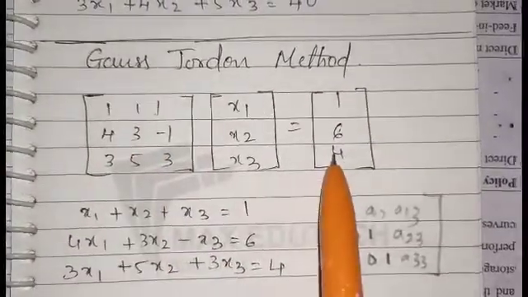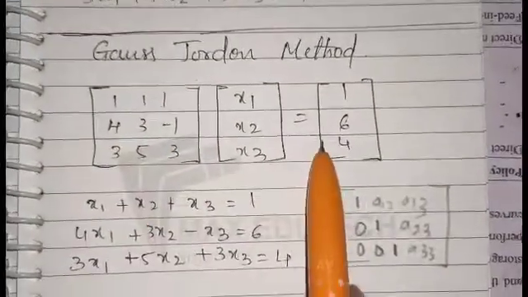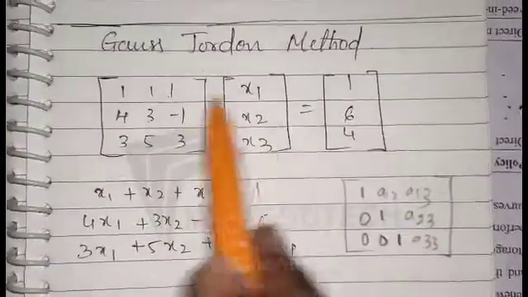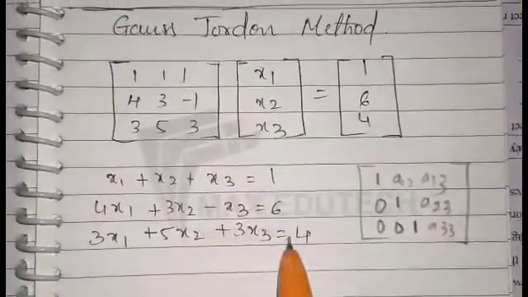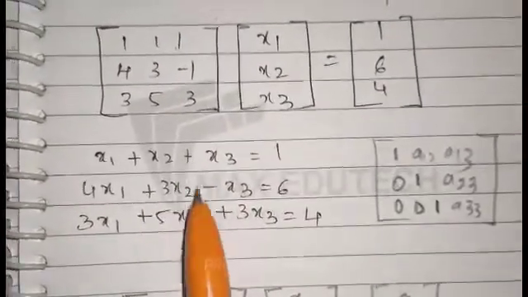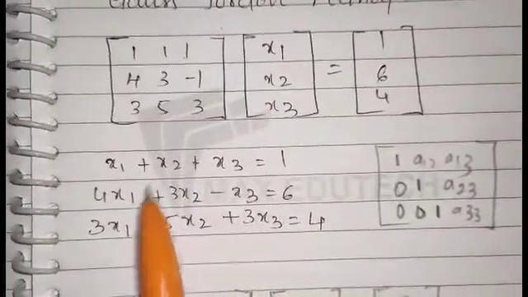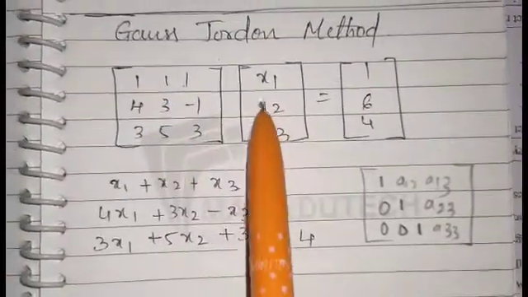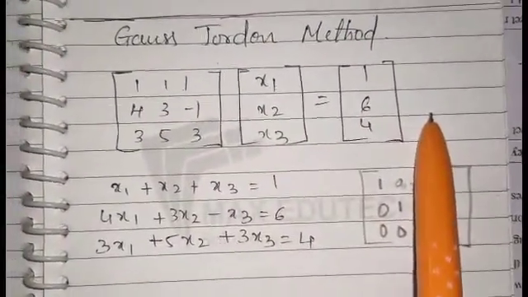This is one equation I am considering, which is in this form. In the exam they can give it in this form or in this form. If you get such an equation in the exam, you should convert it into the form Ax equals B, as I had already told you.